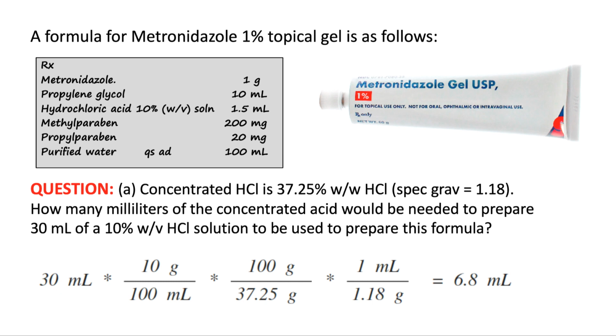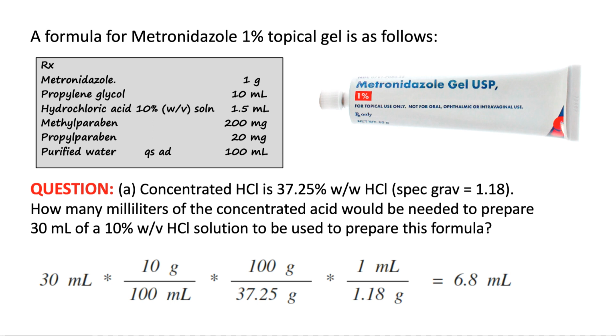All right. Where am I going to get that weight of hydrochloric acid? I'm going to get that weight by using the concentrated hydrochloric acid, which comes as 37.25% weight per weight. But this is the trick. Now, when I set up this multiplication, remember, my 10 grams on top there was the grams of the pure hydrochloric acid I needed.